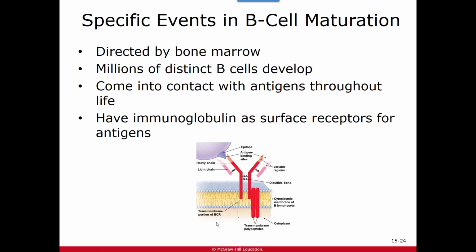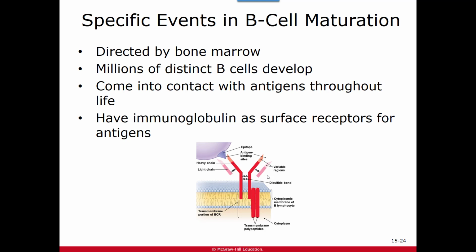Where and how the B cells mature. Again, a B cell is a lymphocyte, and here's your B cell, the outside of it. Here's the big Y, the B cell receptor that's on the outside. But B cells, again, we have millions of B cell receptors. So there's only one kind of B cell, but there are millions of different B cell receptors that it could have.